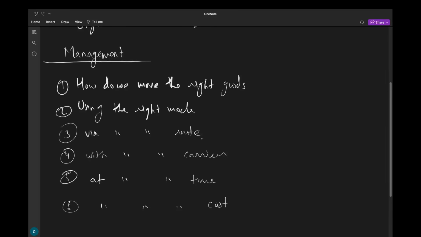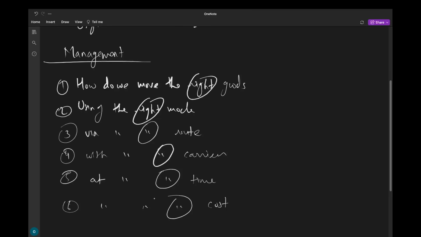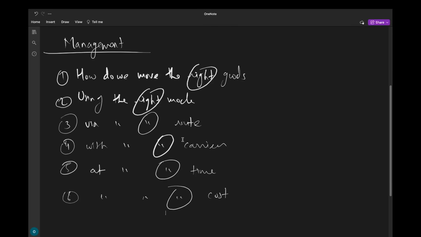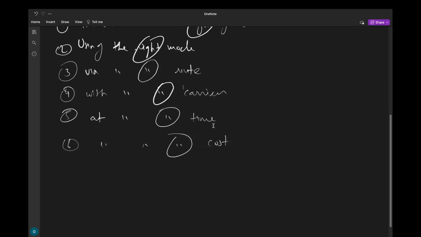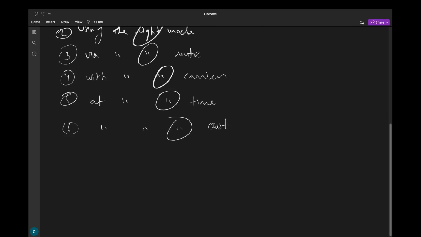So right goods, right mode, right route, right carrier, right time, and right cost. Sounds familiar, right? It's the logistics rights applied specifically to transportation. So these are the things we do management on in transportation management.